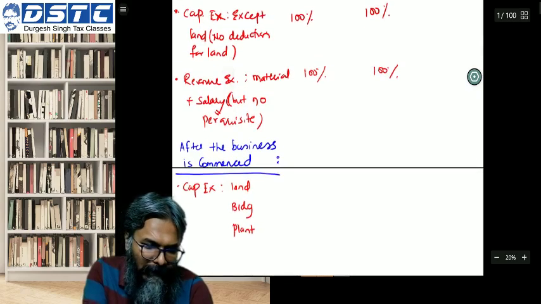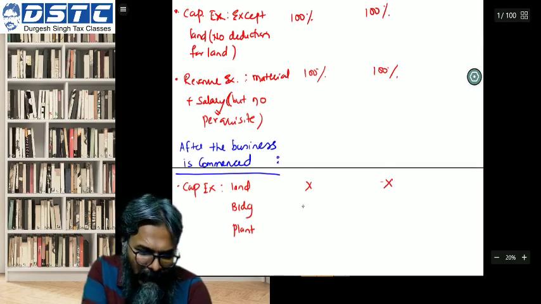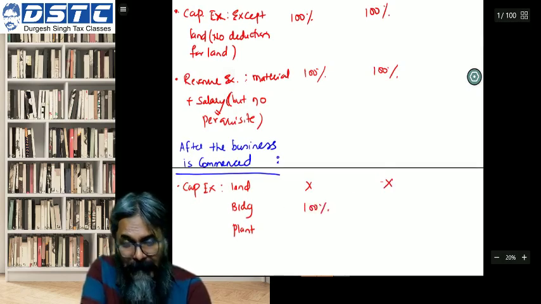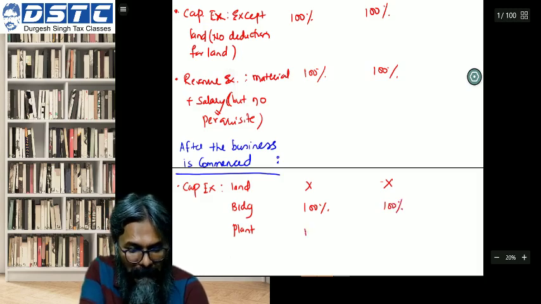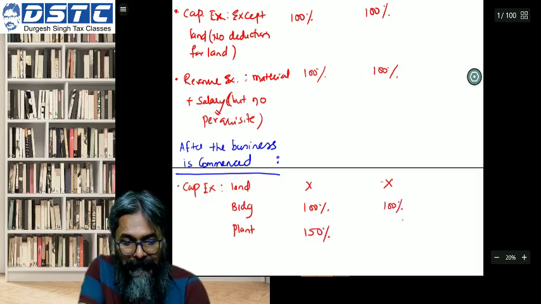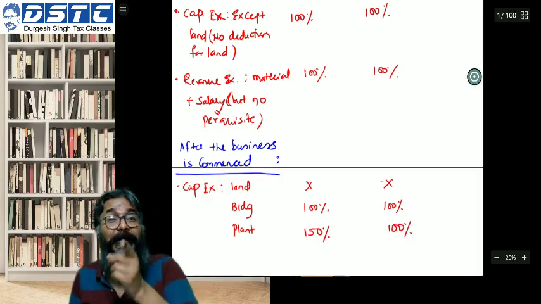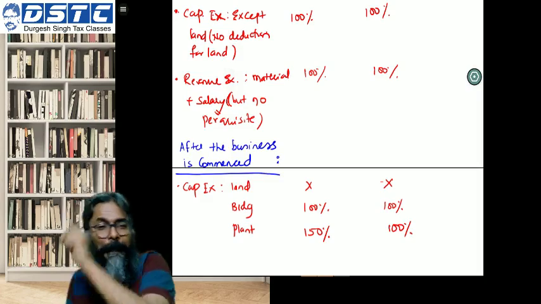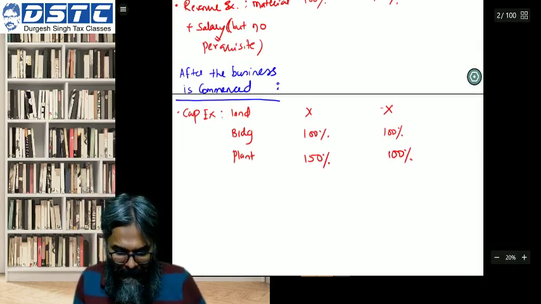Land, nothing, forget it. Building, even if it is 35(2)(ab), it will be 100%. How about the plant? For plant, it is 150% if it is to do with 35(2)(ab) approved cases.